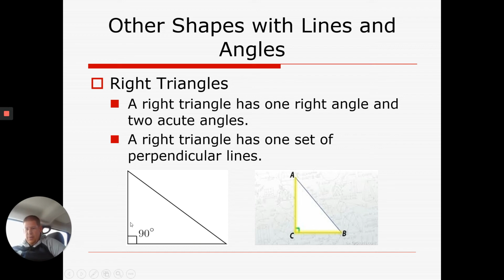So here's my set of perpendicular lines, here and here, and where they cross down here at that 90-degree angle makes them perpendicular. It also would then have a set of intersecting lines here and a set of intersecting lines here. Another way to see it, AC intersects with CB, and it forms that 90-degree angle, so it would make that a right triangle.